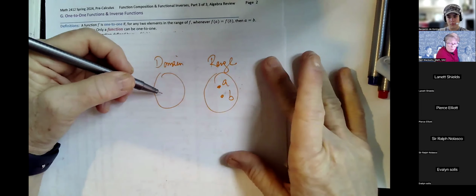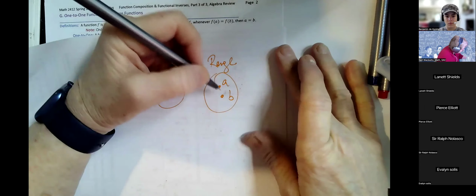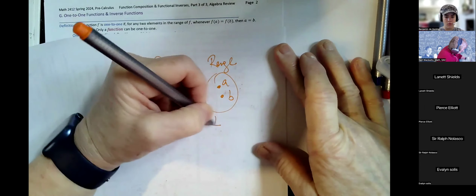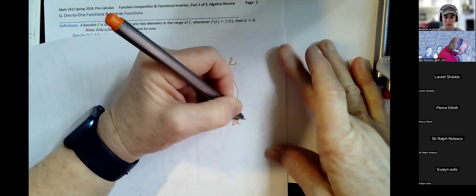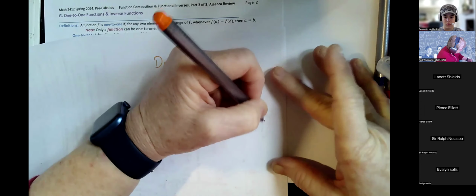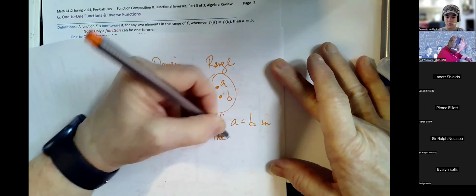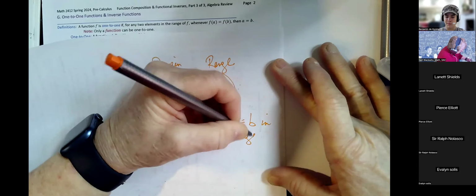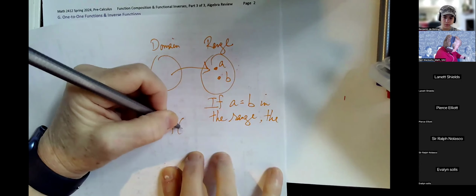But most of the time, the way that we do this is we say, if A equals B in the range, then the inverse mapping, whatever sent them there. So then f of, let's call it x1.